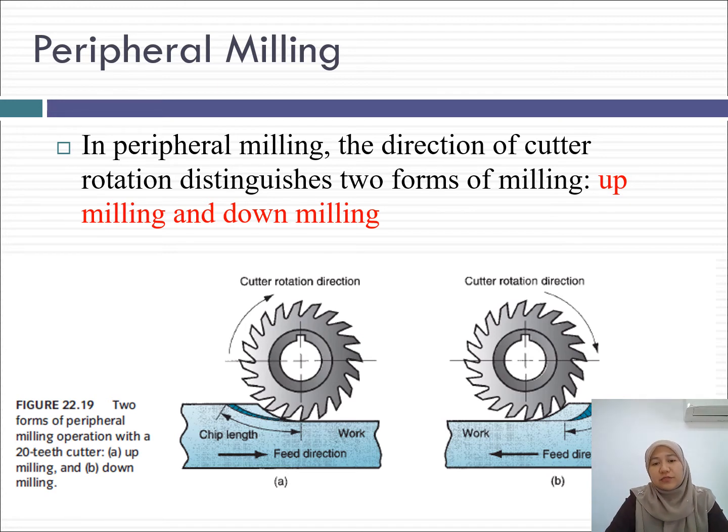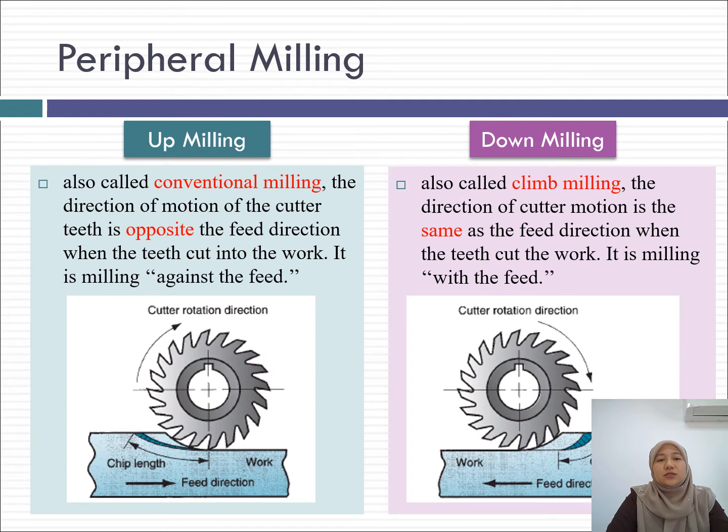If you look at the figure as well, the resulting chip is also different between up milling and down milling operations. So remember, the piece of material which is removed from the workpiece is called chip. In up milling, also called conventional milling, the direction of motion of the cutter teeth is opposite from the feed direction.